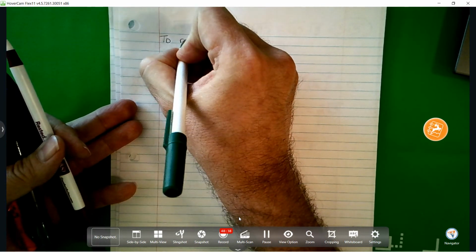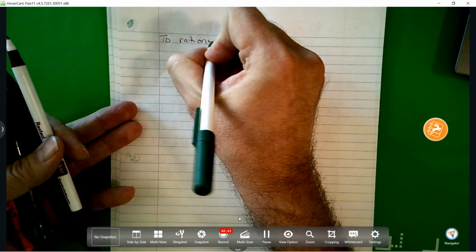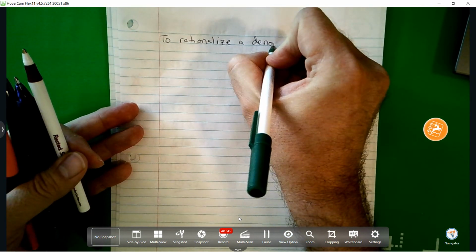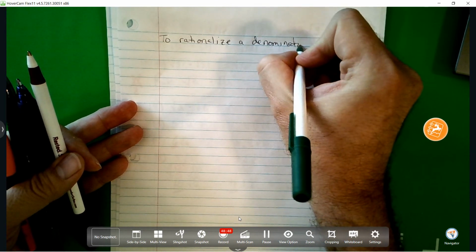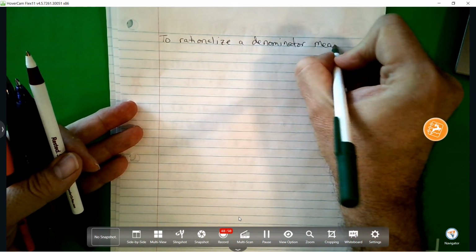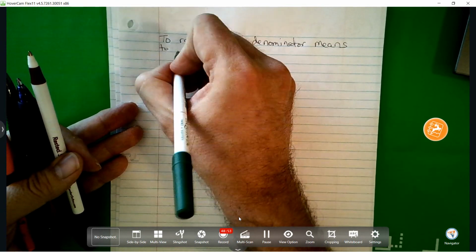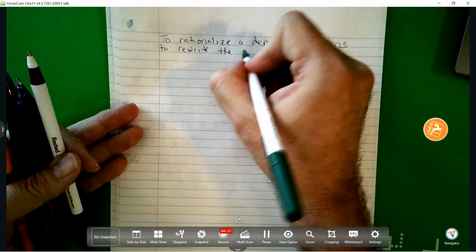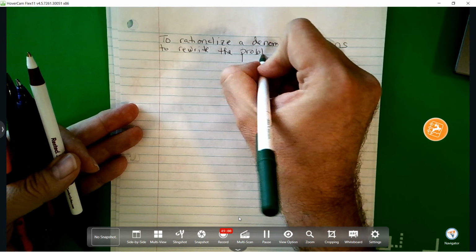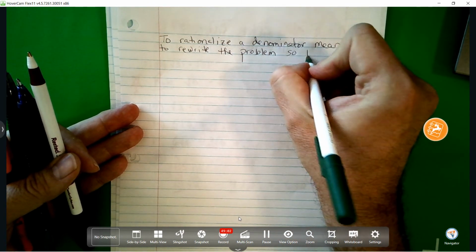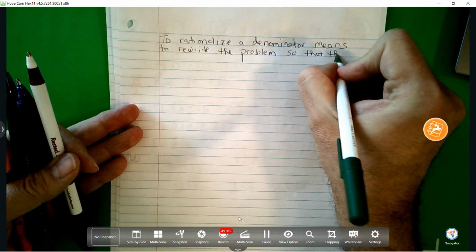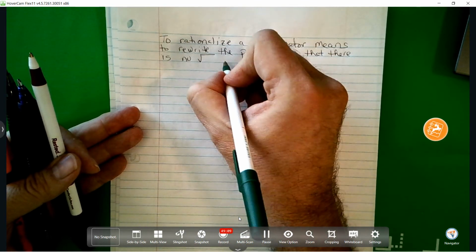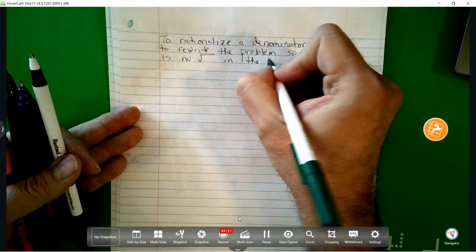To rationalize a denominator means to rewrite the problem, or the fraction, so that there is no square root in the denominator.